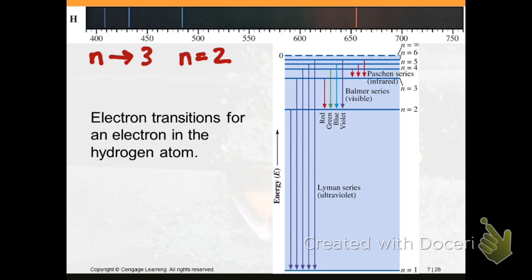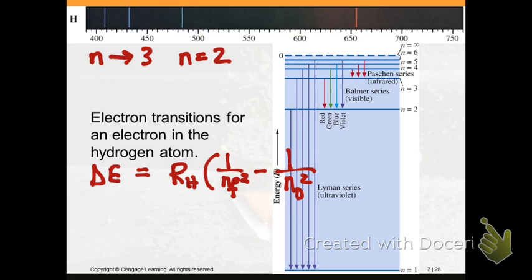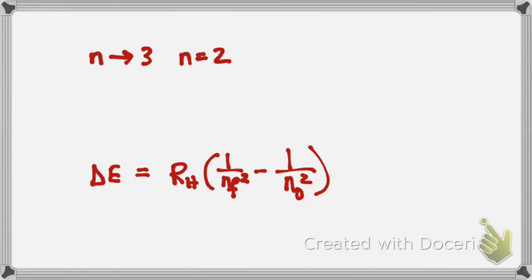And we're going to use the formula delta E is equal to Rydberg's constant times 1 over nf squared minus 1 over n initial squared. Remember, this is also equal to hc over lambda.